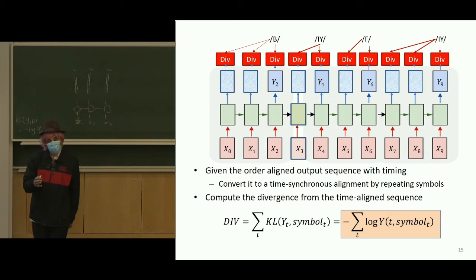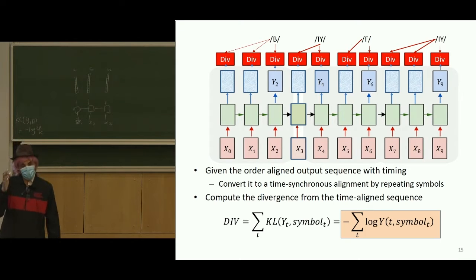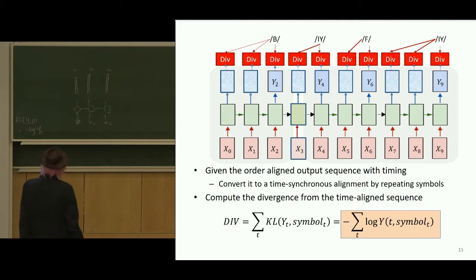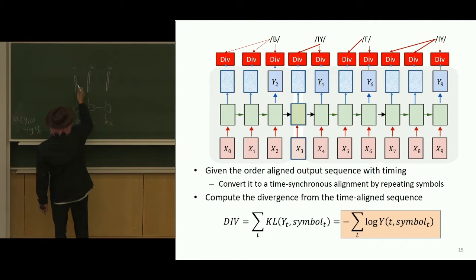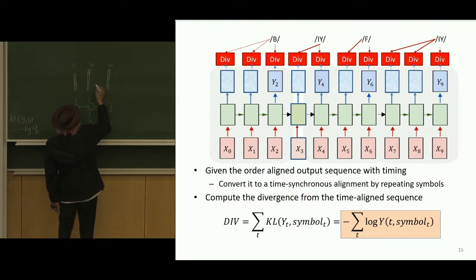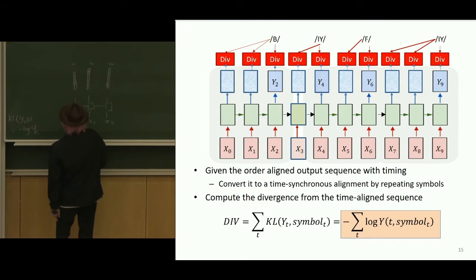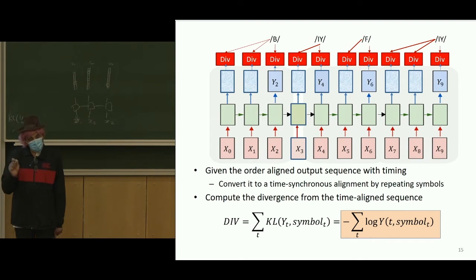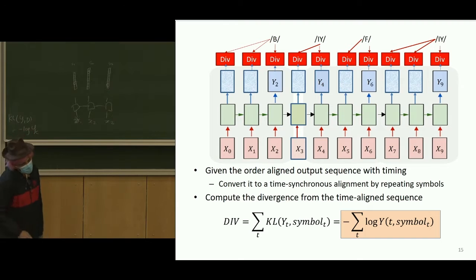then what would the sum of the Kullback-Leibler divergences at the various times be? That is simply going to be the negative of the log of the probability assigned to these symbols by the network at each time.